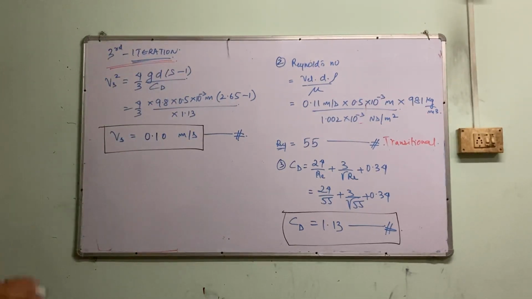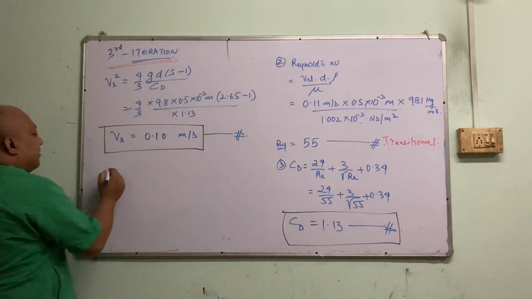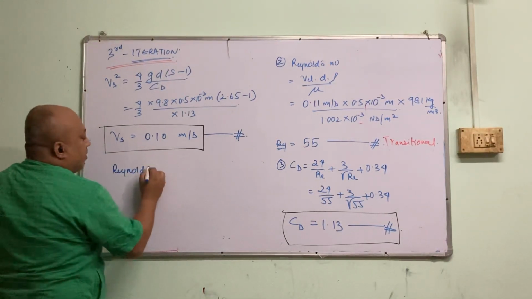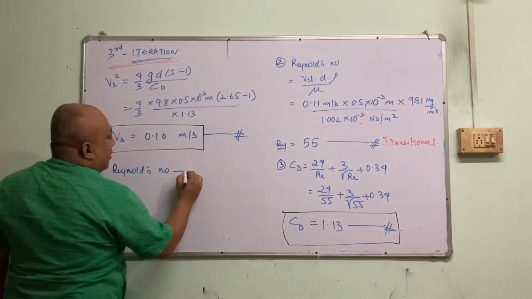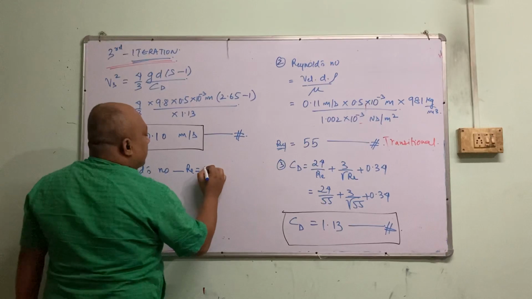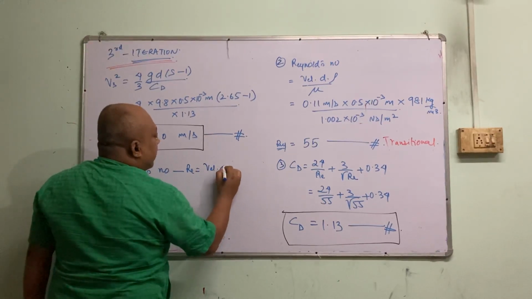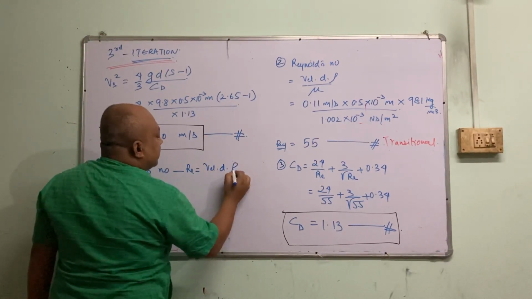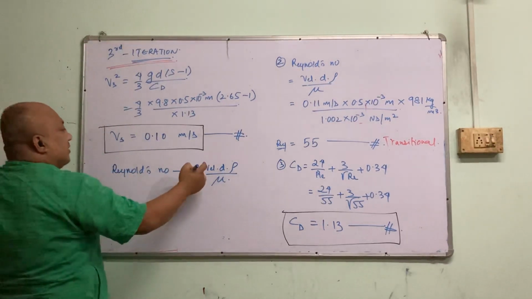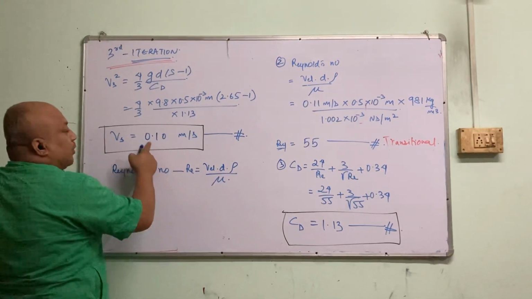Now, the next step is again find Reynolds number. RE is equal to velocity into diameter into density divided by viscosity. And this velocity will be 0.10.